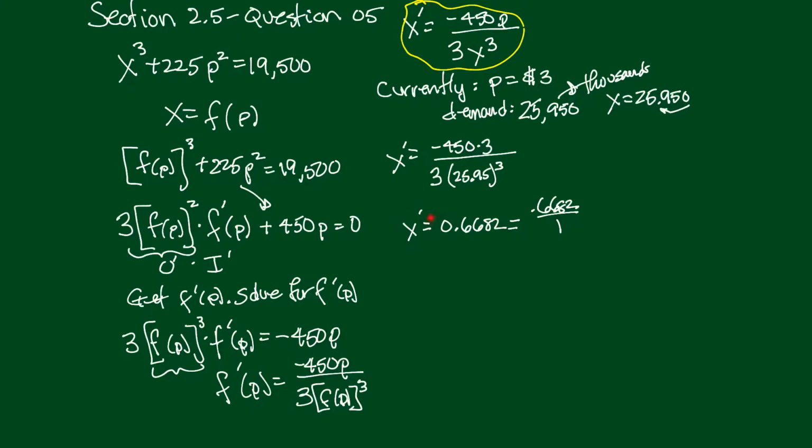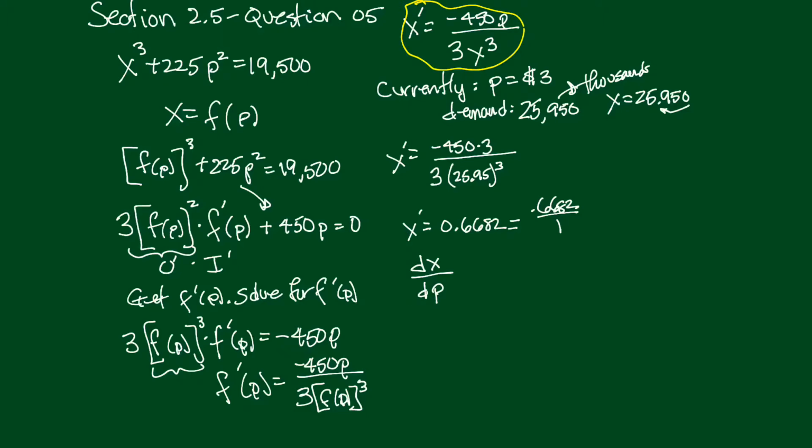Let's go back up here and look at this. This x prime, maybe that's a little bit tricky to interpret, but I'm going to write it this way. This is the derivative with respect to, now not y, but p, right? This tells me I'm looking to see how x changes as the price changes.